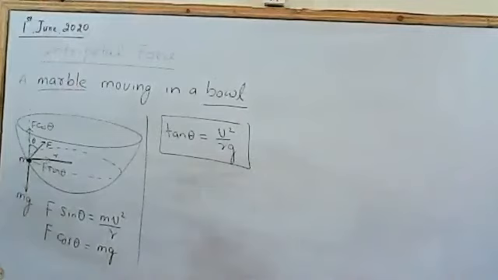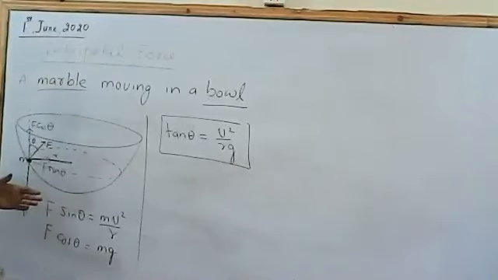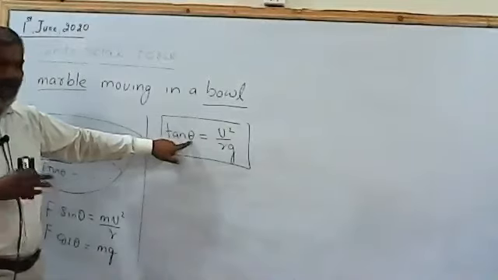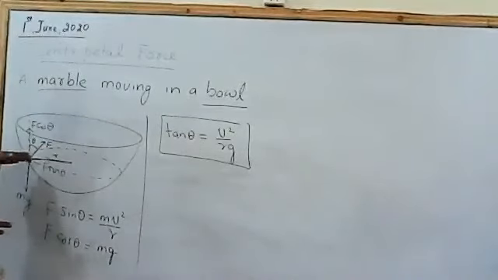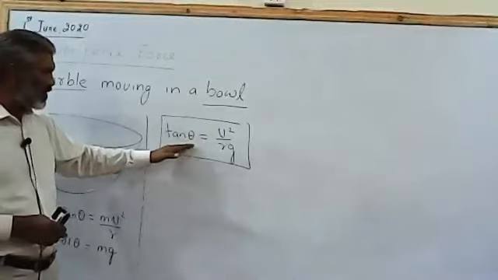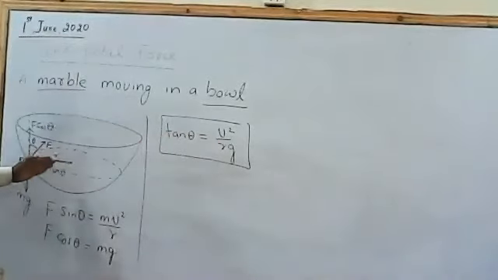So after discussing these three examples in detail, I expect that you should be in a position to understand the relationship between any angle that is involved. If the centripetal force is initially at a certain angle to the vertical or to the horizontal, you must understand what is the relationship with this angle to the other variables involved.